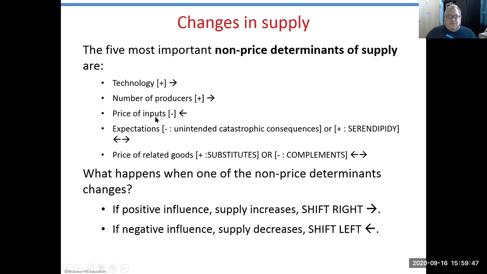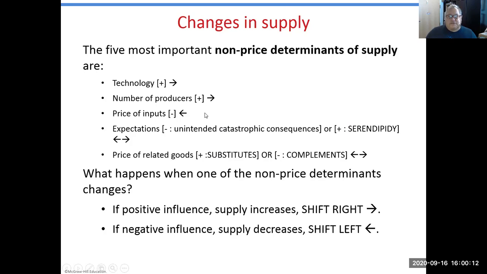And with respect to prices of inputs, inputs in a production process are, for example, the use of capital, which could be machinery, use of inputs such as raw materials or prefabricated parts or components to a final product. It could also be labor, or it could be energy costs.